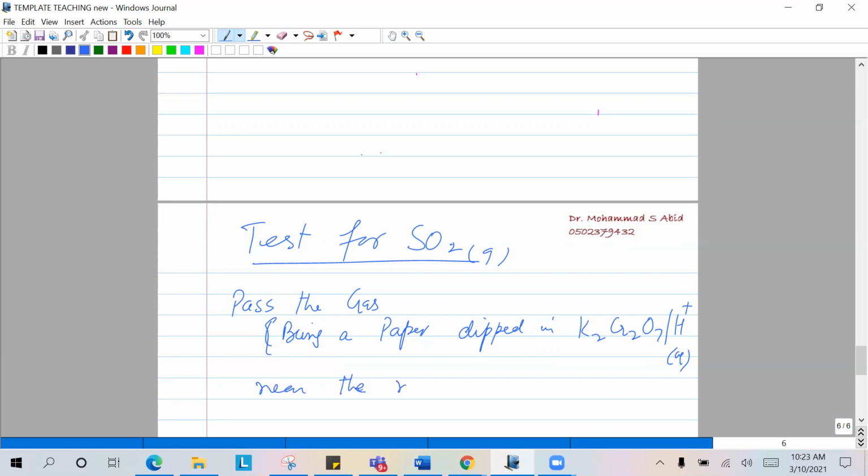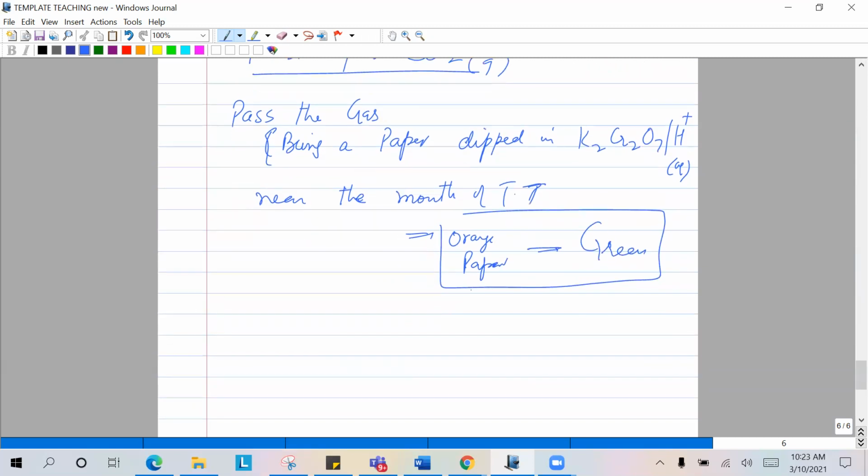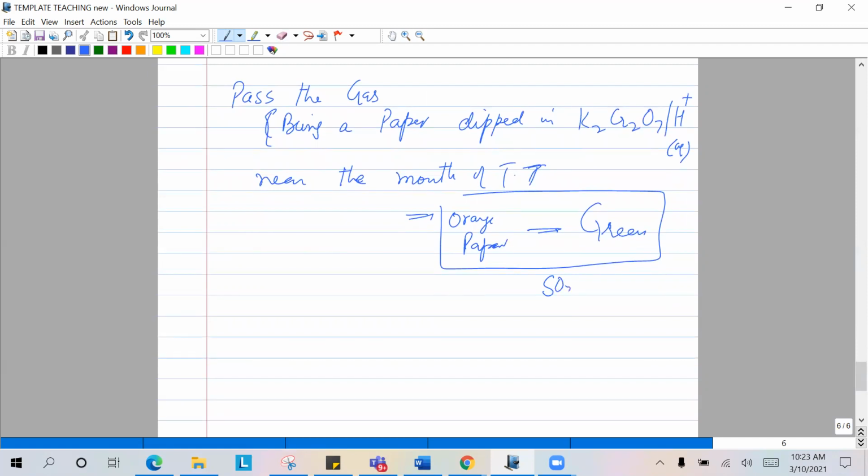Near the mouth of the test tube, the orange paper turns green. If it turns green, it means sulfur dioxide is present, if the gas coming out is sulfur dioxide.